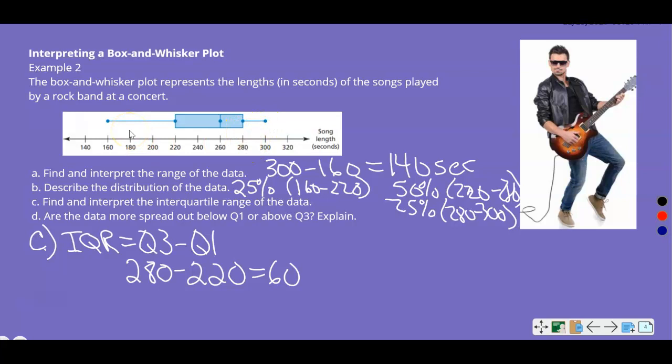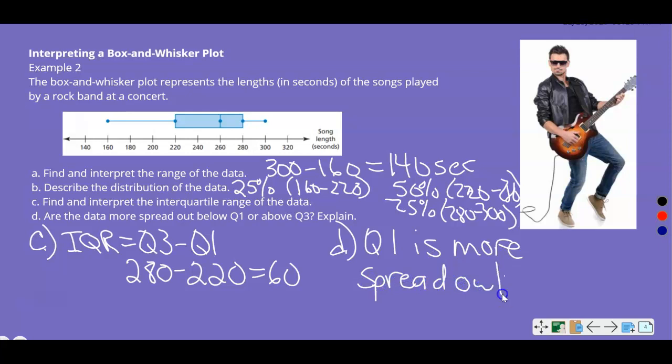So you can say, D part, Q1 is more spread out. And again, that's just based on looking at the graph.